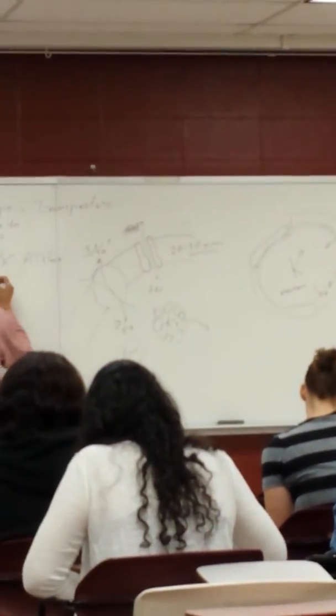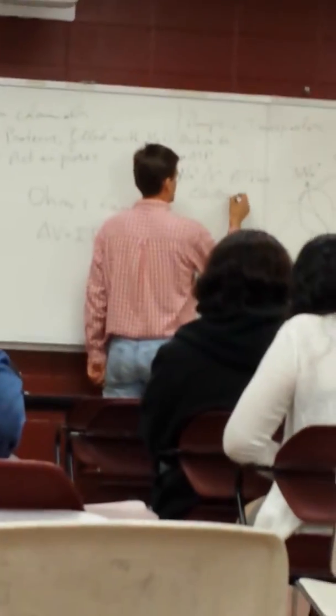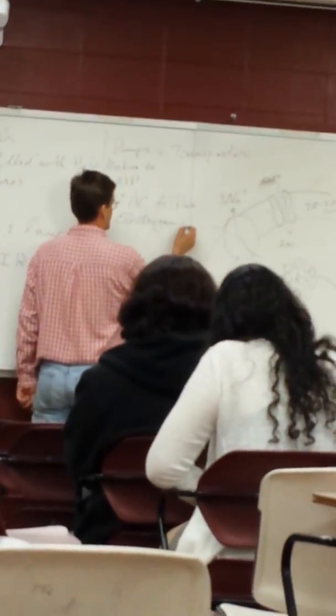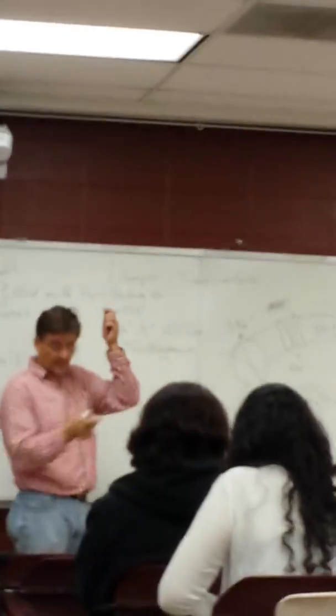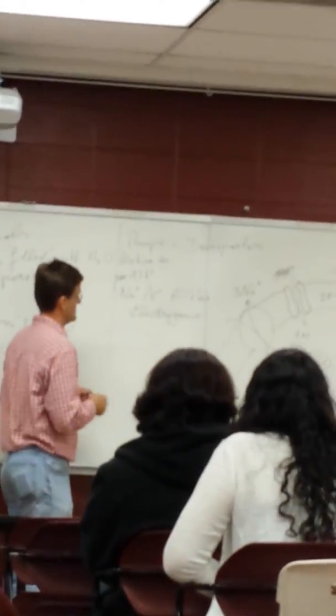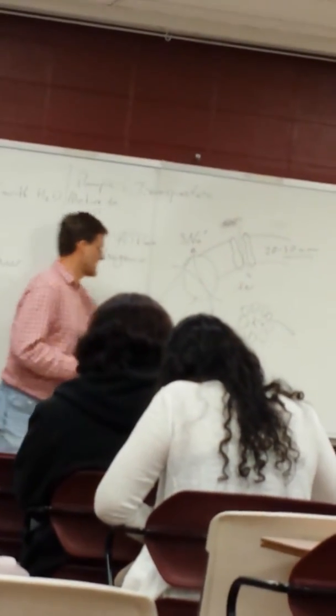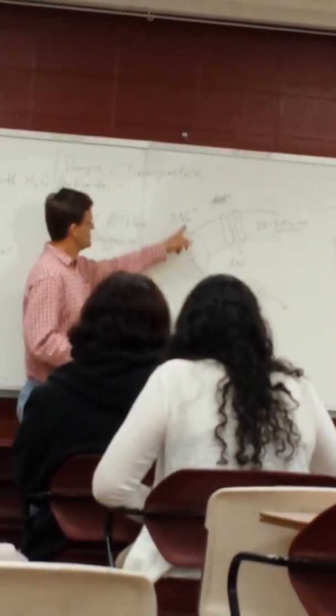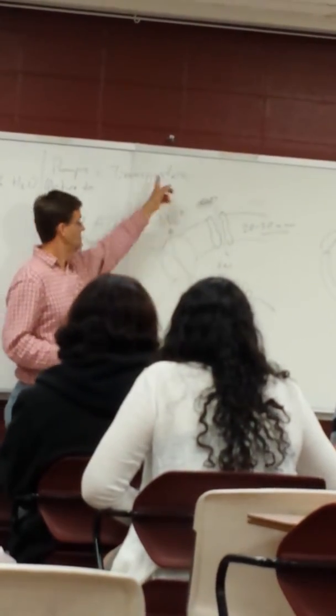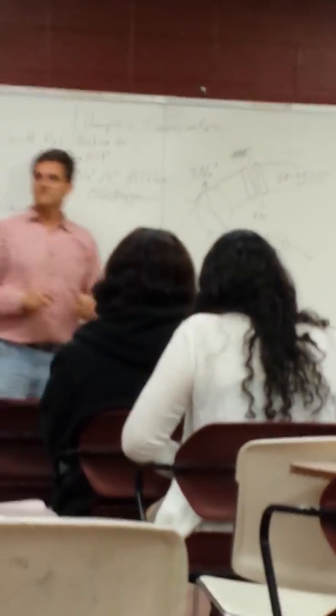So this pump, for that reason, is called electrogenic. It participates in the generation of an electric gradient, as well as 2 chemical gradients: sodium, more outside than inside; potassium, more inside than outside.